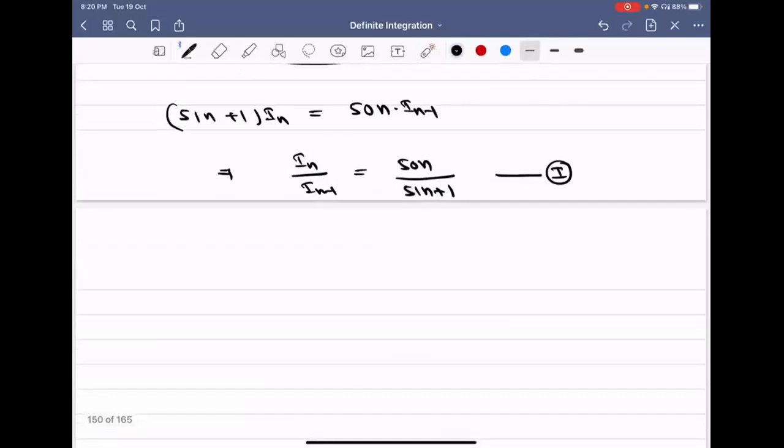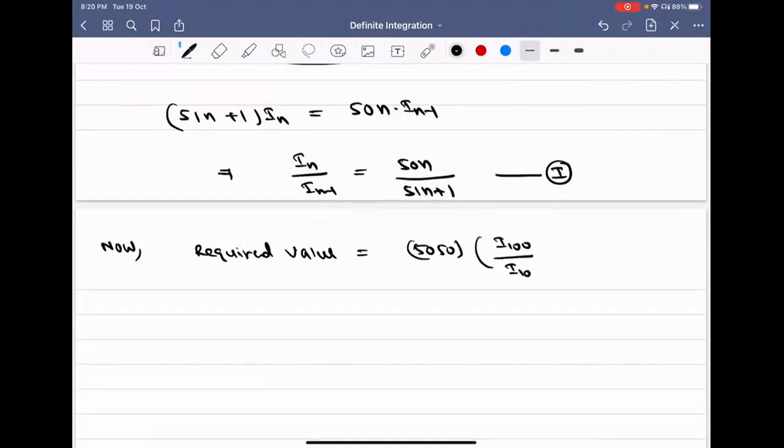So the required value is equal to 5050 into I 100 over I 101. To get this, use number 1. In place of n, substitute 101.